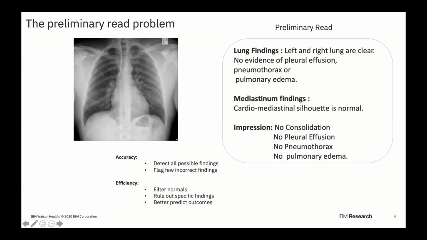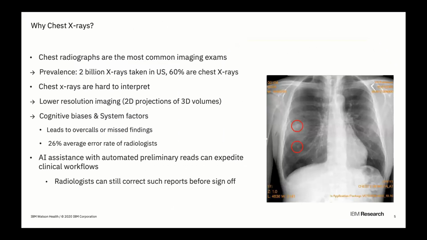what is the preliminary read problem? As I said, it is going from an image such as this to a report that documents the findings and the major structures, both positive and negative findings, as well as a declaration of normality, which potentially could be used for filtering as such. But look at the phrasing of the report that mentions the problems and in terms of where the problem is located as well, not just what the anomaly is.